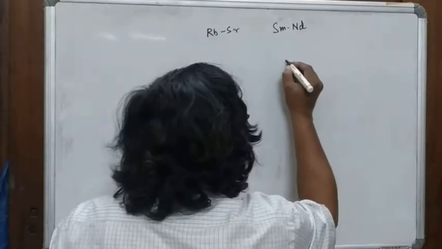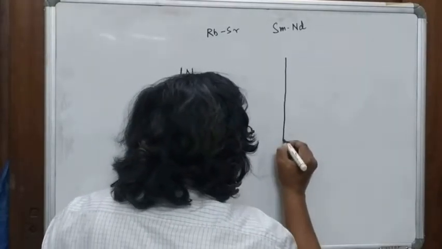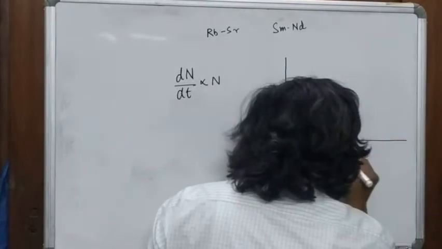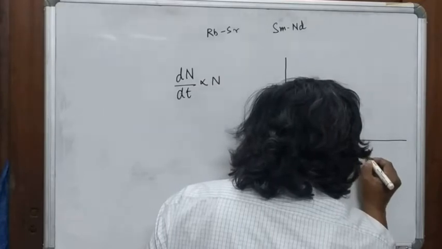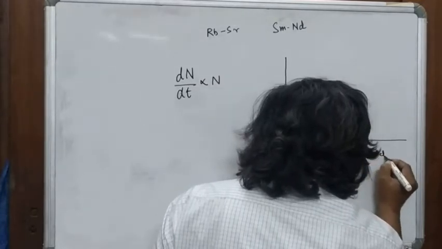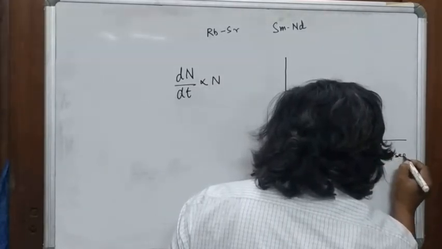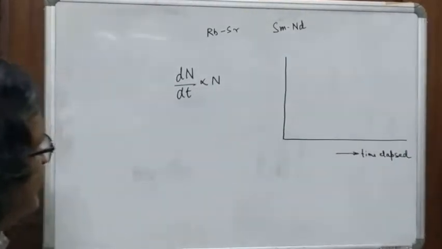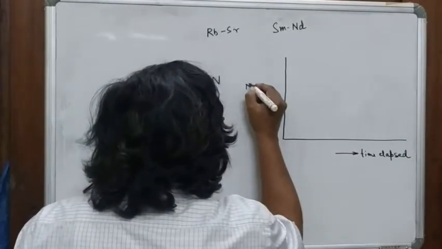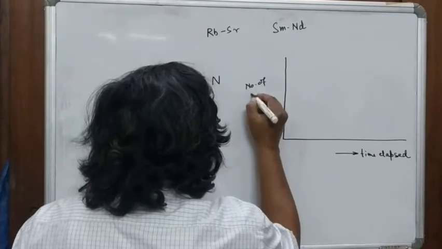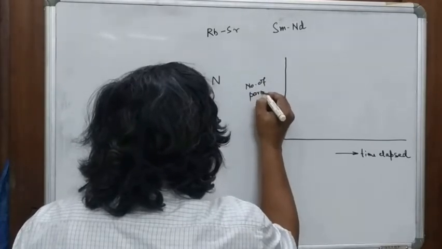It is something like this. So if you have a system where you have time elapsed, and this is the number of parent nuclide.